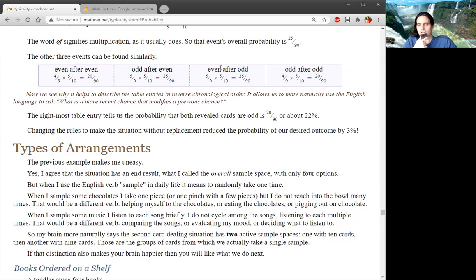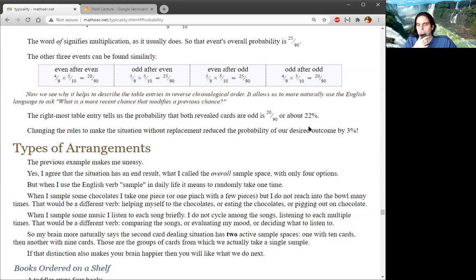So check these when you get home. This is a great review. We did this box together right now. The others are exactly the same, just slightly different. So this again is the table we care about, odd after odd. And it was 20/90, which is about 22%.